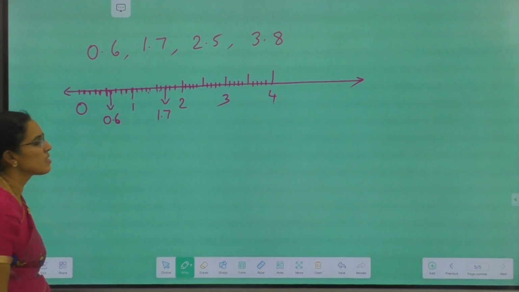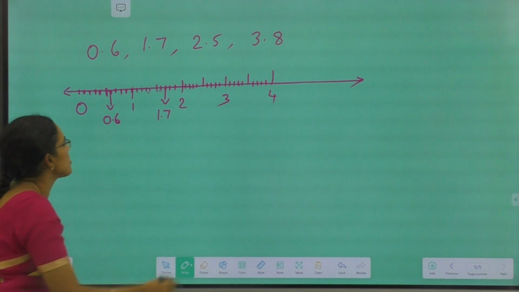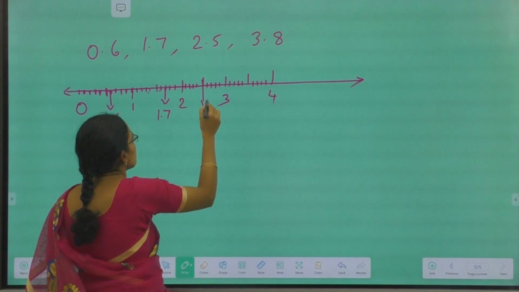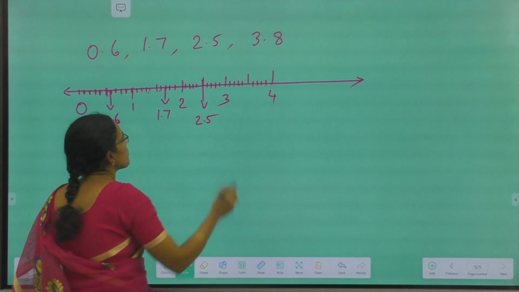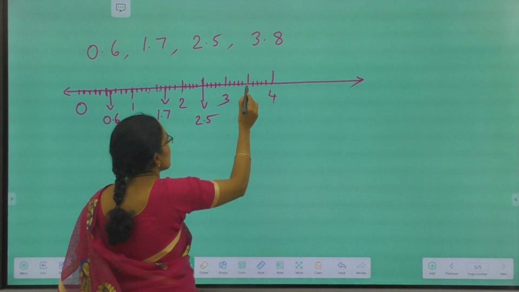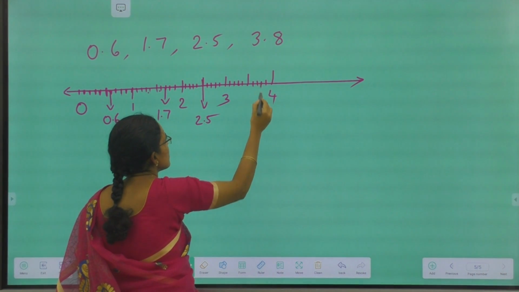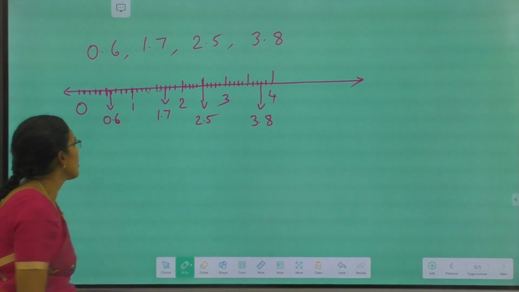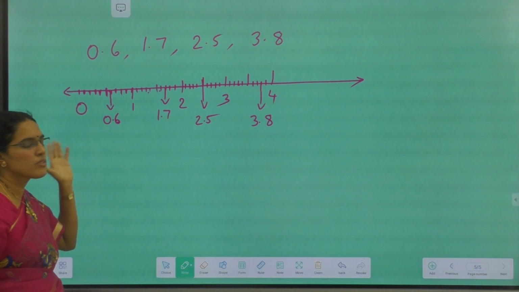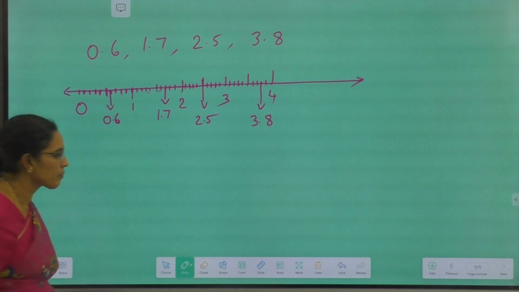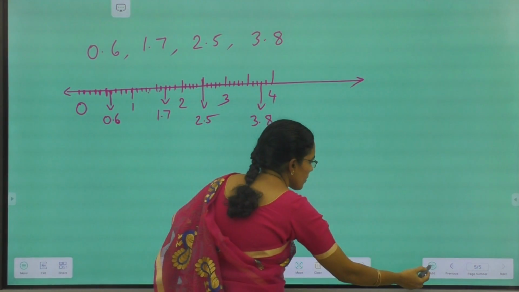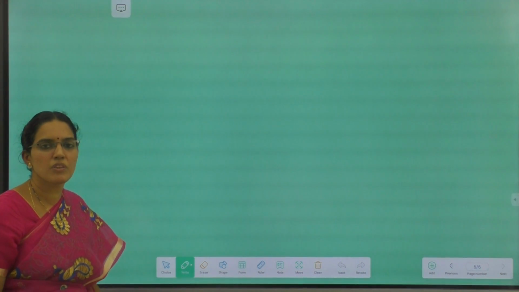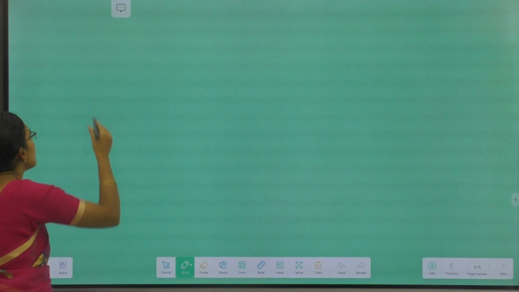This is 2.5, 2 after the 5th division. If you want 3.8, the 8th small division is 3.8. This is how we mark the decimals on the number line. Next we will finally see how to add and subtract decimals.